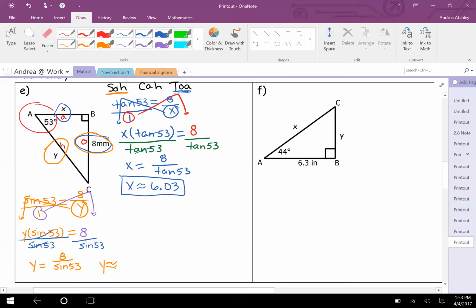Okay, what did we get? Okay, we're going to round, and it should be 10.02.